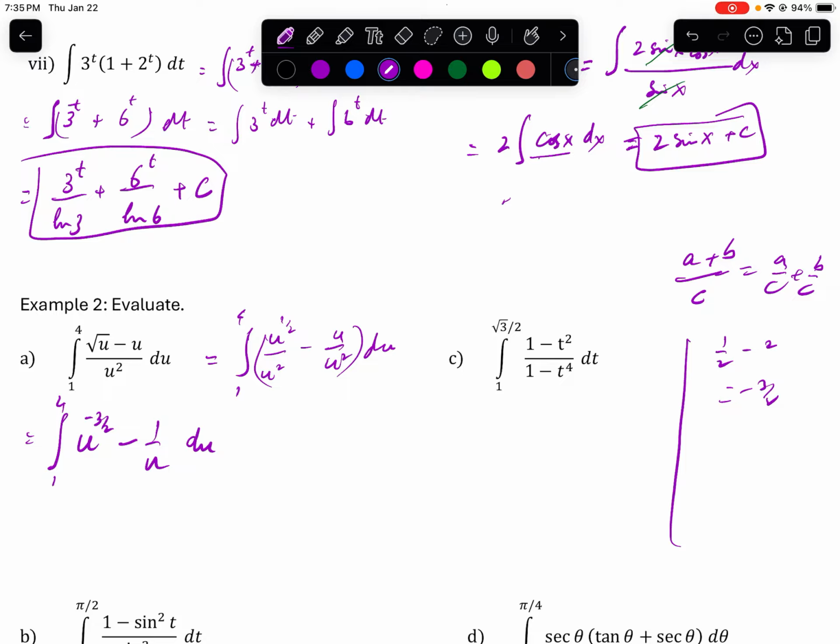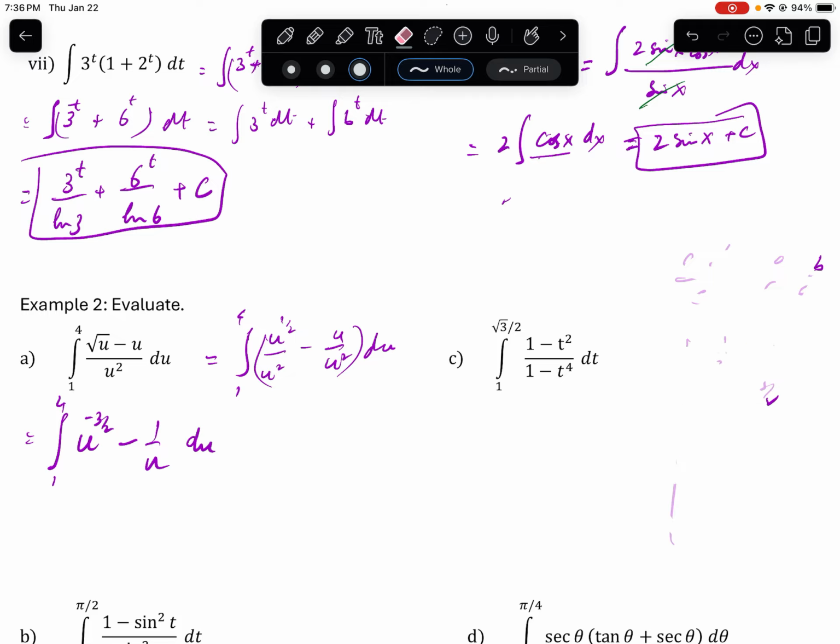Okay, now I will do the antiderivative of this quantity, which is going to be u to the negative 1/2, because when you add 1 to negative 3/2, you end up getting negative 1/2.